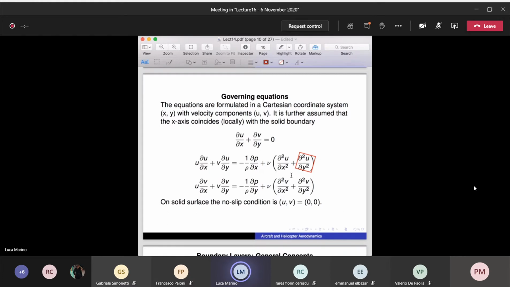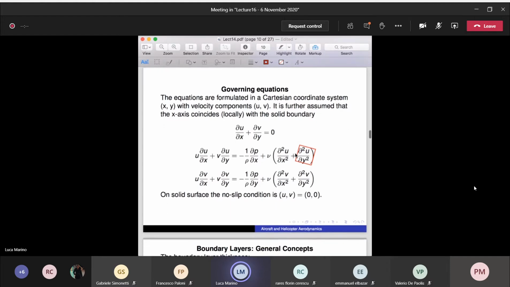We will see that passing from the Navier-Stokes equations to the equations of the boundary layer approximation, the behavior of the equations will change, from elliptic to parabolic.